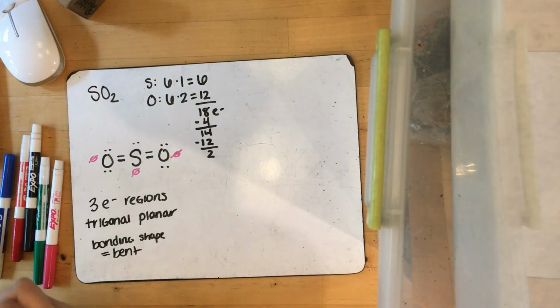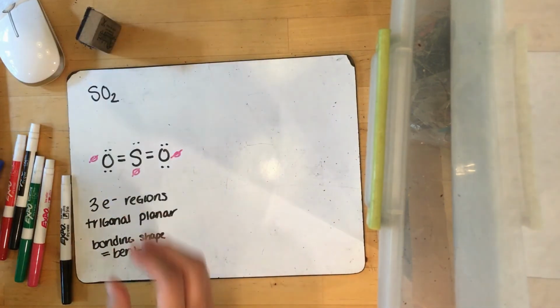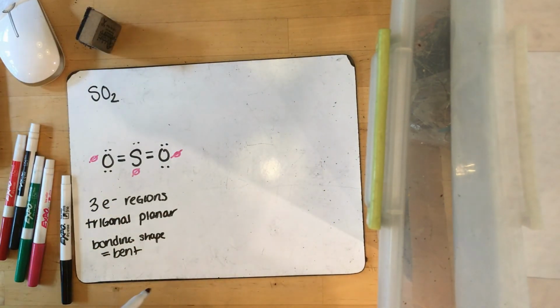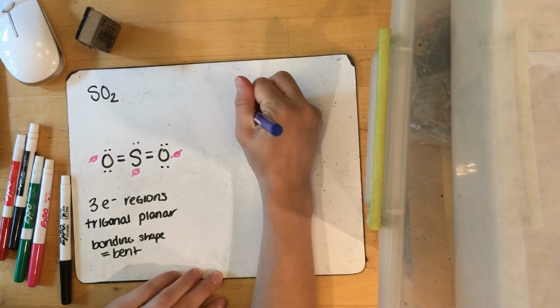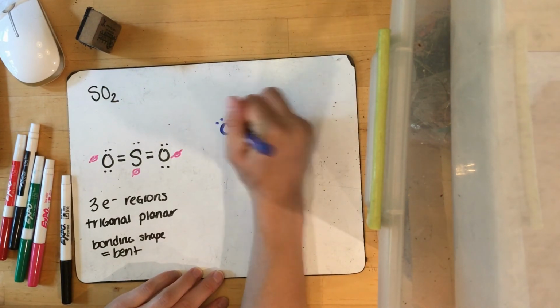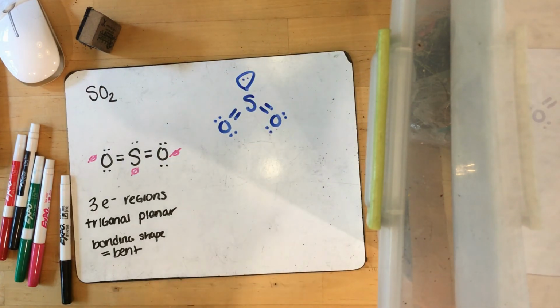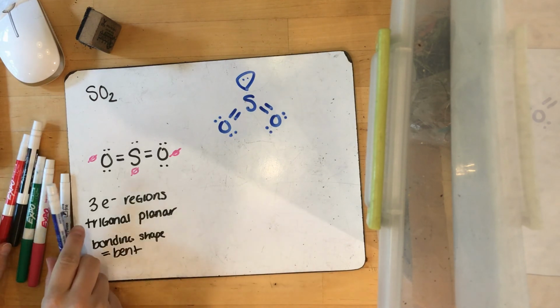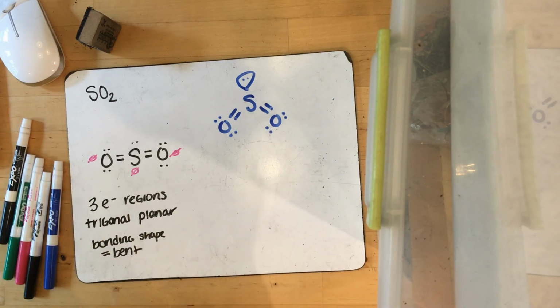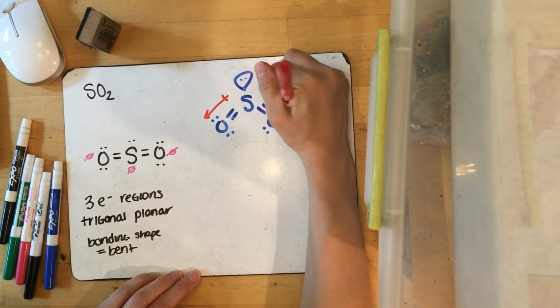All right, so to figure out whether or not this is polar, we'll draw the bent molecule. So sulfur is less electronegative than oxygen. So my poles are going to be pointing towards these oxygens.